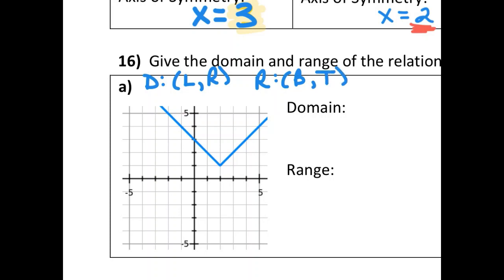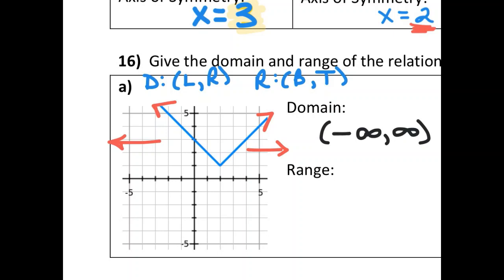And so if I'm thinking about the domain left to right, this graph is going forever left and forever right. And so my domain is going to be from -infinity to +infinity. And remember that the way we say that is either -infinity to +infinity, or you can actually say the words all real numbers. But on the test, we'd like you to give this interval notation.